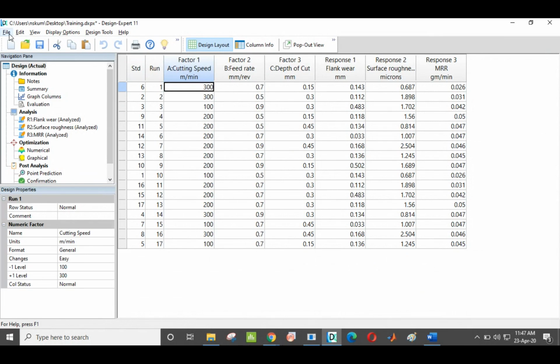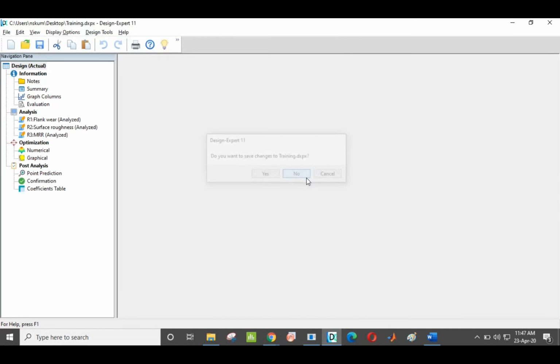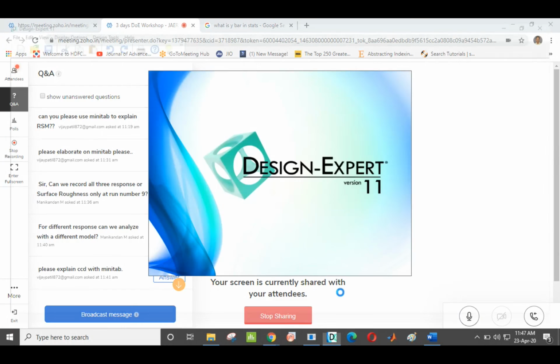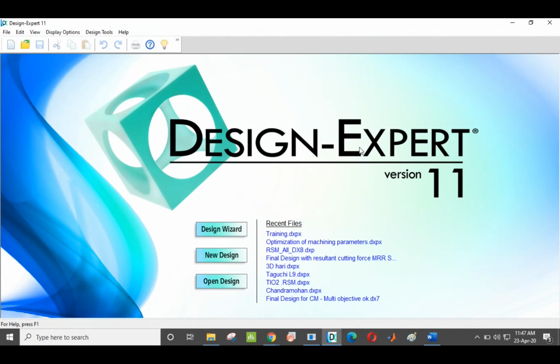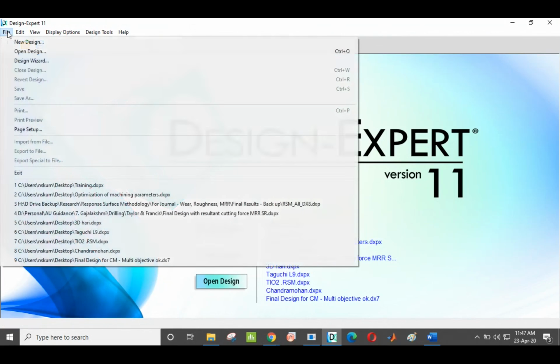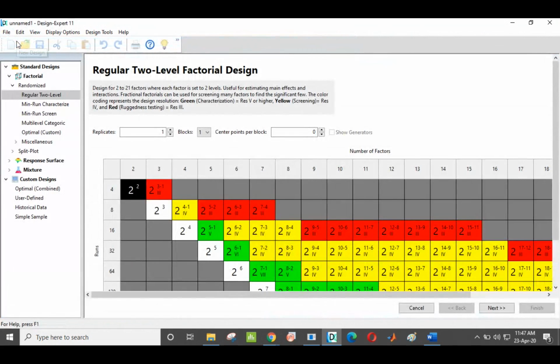So I will just cut this one and I will go with the central composite design. Design Expert 11 I have opened. File, new design.